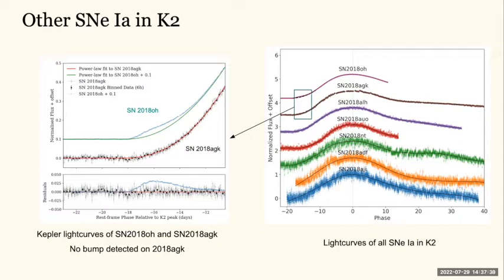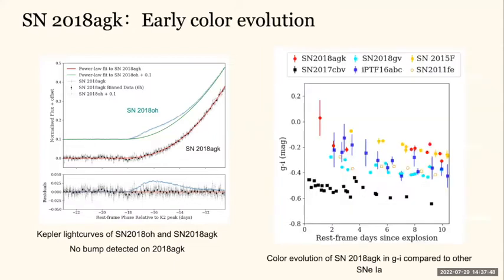And another good thing about 2018agk is that we have some very early color measurements from DECam. Here I show you the plot of the DECam color in g minus i band in comparison with other objects.